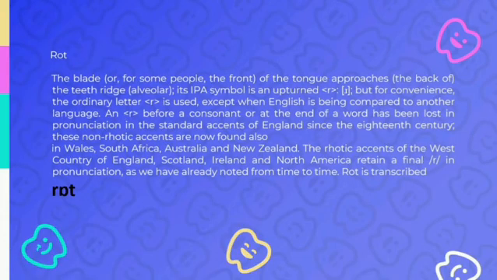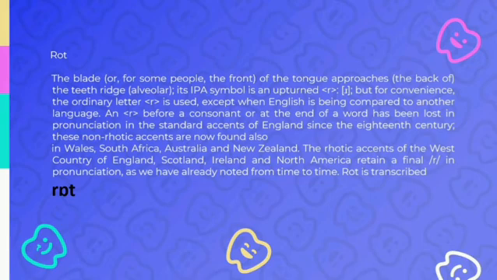Rod. The blade, or for some people the front, of the tongue approaches the back of the teeth ridge, alveolar. Its IPA symbol is an upturned r, but for convenience, the ordinary letter r is used, except when English is being compared to another language.